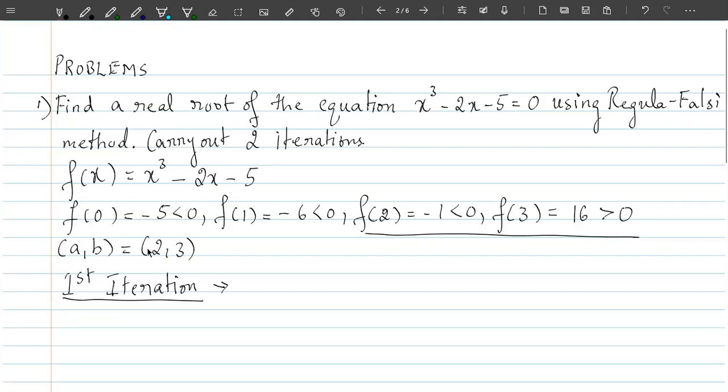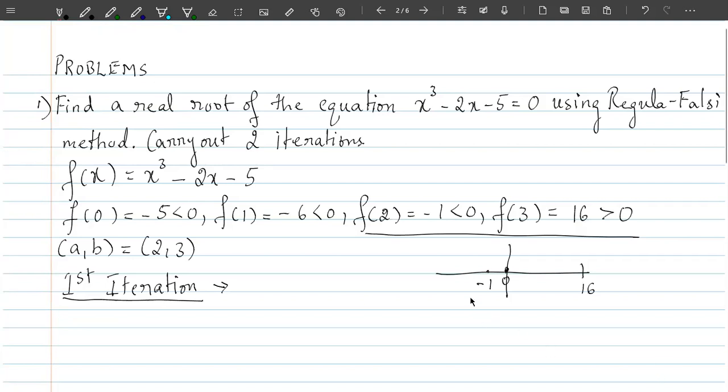Now how do you make that new interval (a, b)? We will check the numbers here. For f(2), the value is −1, and for f(3), the value is 16. If you take this scale, if this is 0, here is −1, and here is say 16.